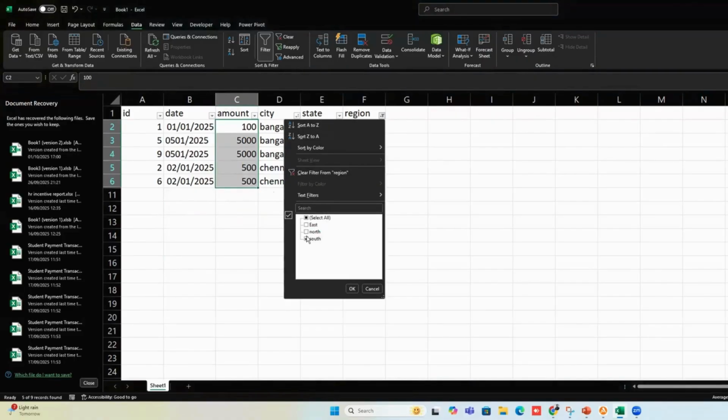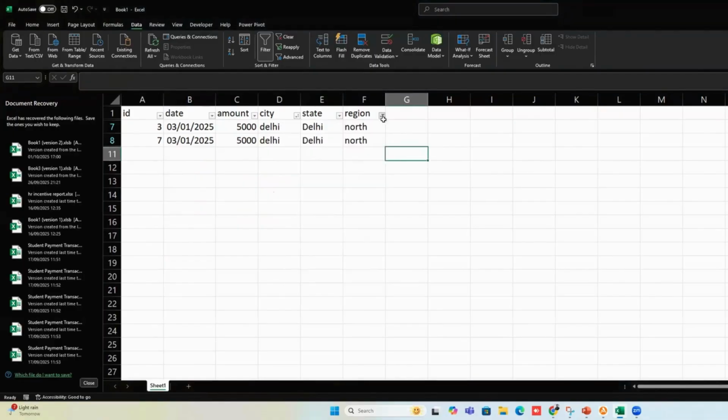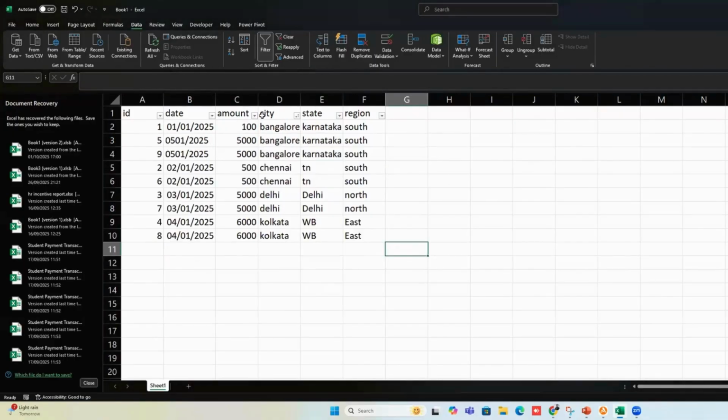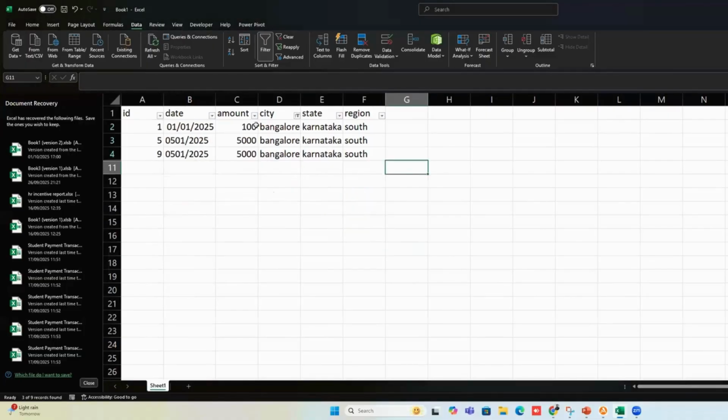Correct? Then I have total sales by North. I get that like that. Then I have total sales by Bangalore. You see what happens when I group them? They're all grouped together. You understood?